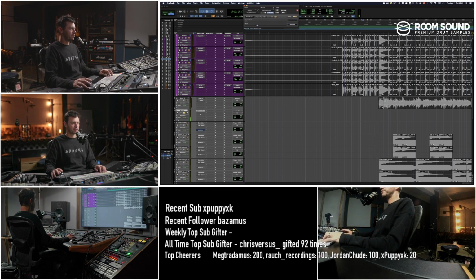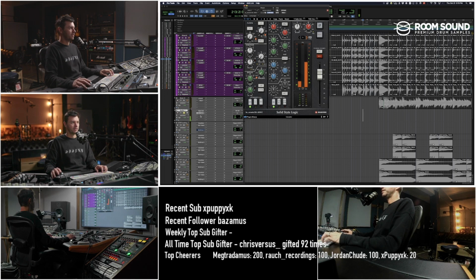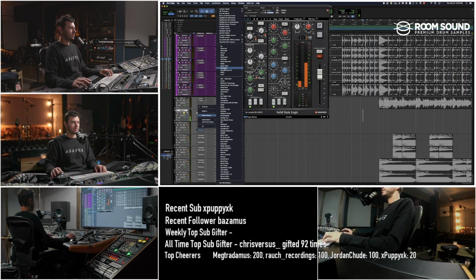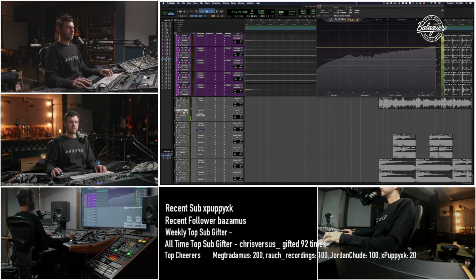So if we take signal generator, and then we put SSL console on it, and then we put Pro Q3, and I'll put the tilt so it's flat.